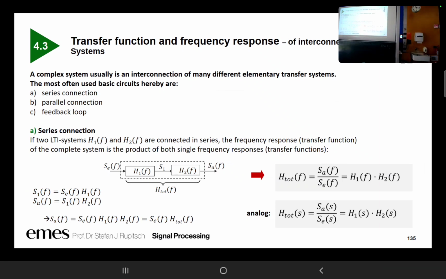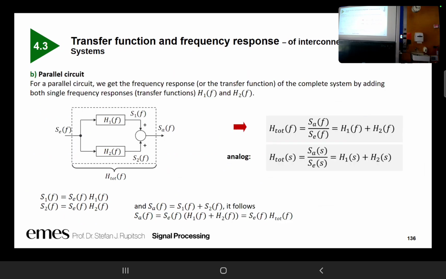We have here the multiplication in the frequency domain and here in the Laplace domain. Very simple. If we have a parallel connection of two systems, which is shown here, we only have to sum up both frequency responses, or we have to sum up both transfer functions.